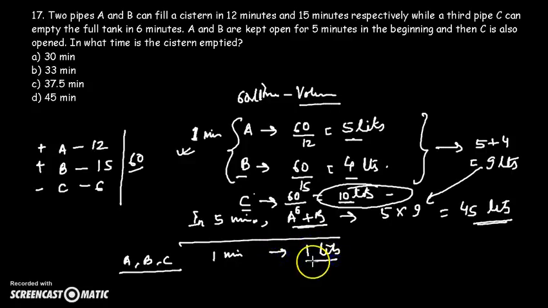Every minute 1 liter is being reduced. So to reduce 45 liters, you would need how much? 45 minutes. 45 minutes to empty out the complete tank, and that is the time in which the cistern will get emptied.